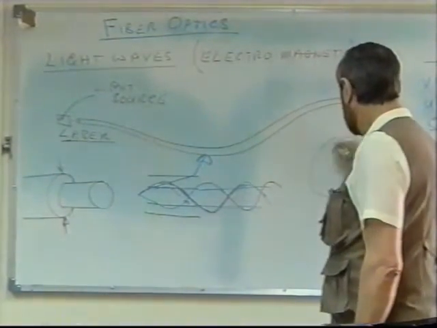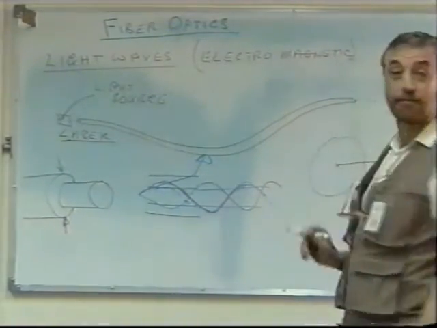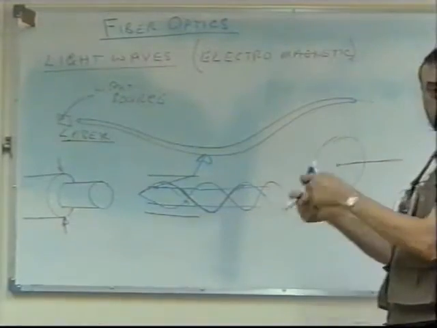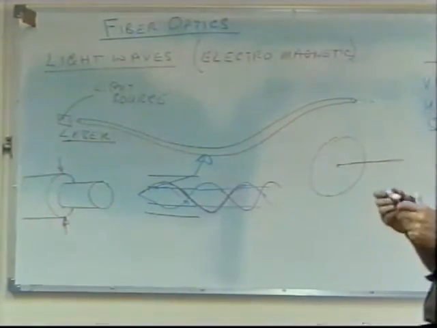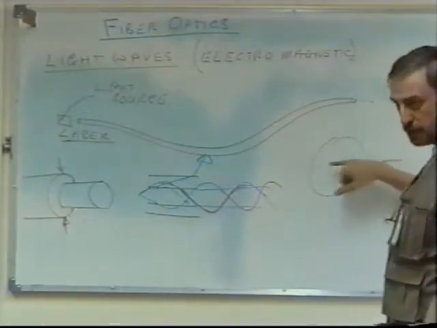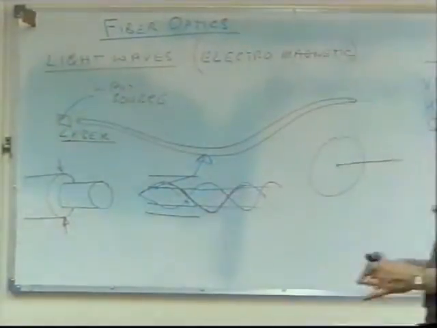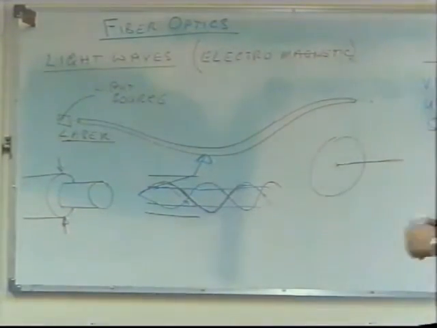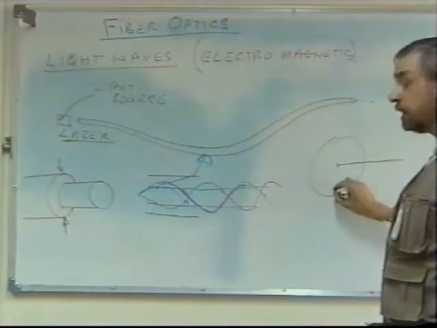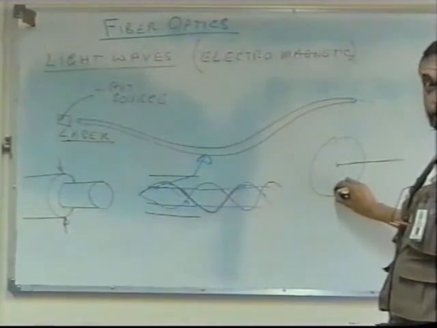The insulation is quite thick compared to the thin glass fibre, to give it plenty of protection. Sometimes there are several fibres in one cable. I've just shown it as a single thing. And then, of course, when they're laying cables using fibre, they would use many of these. There would be many fibres, as individual channels.